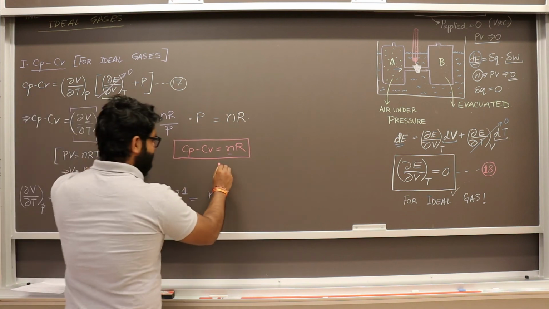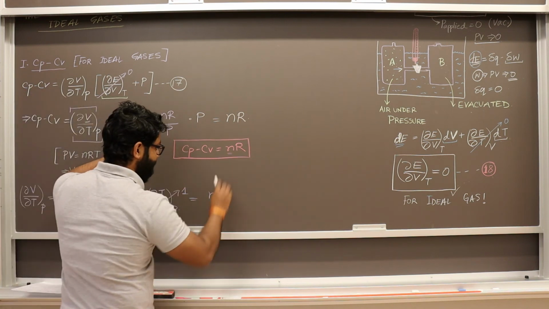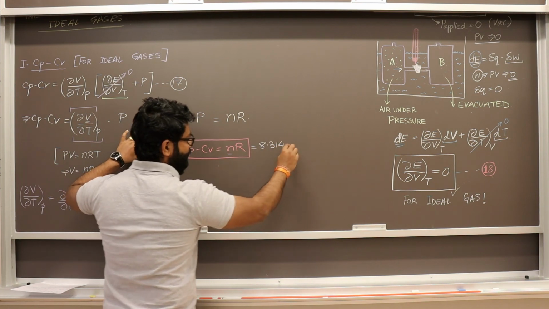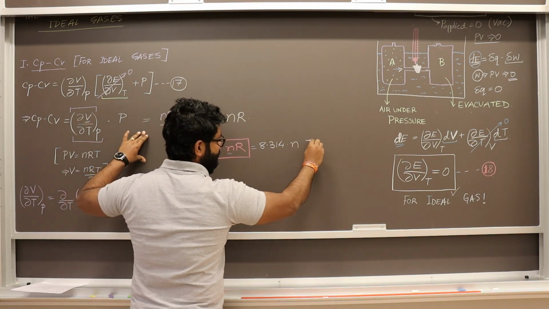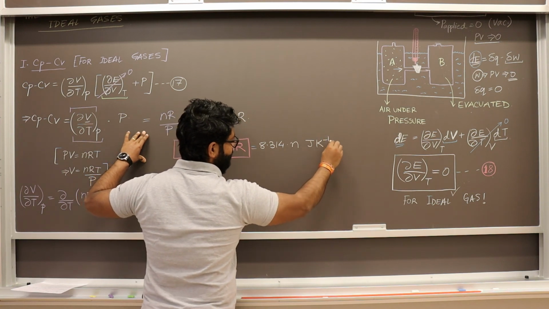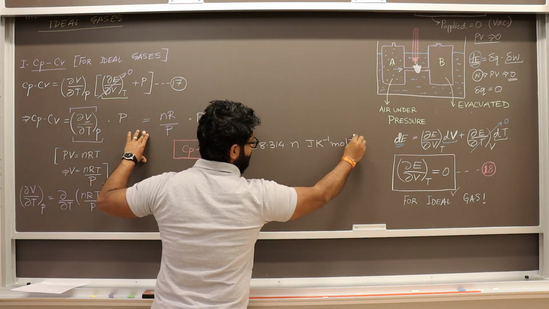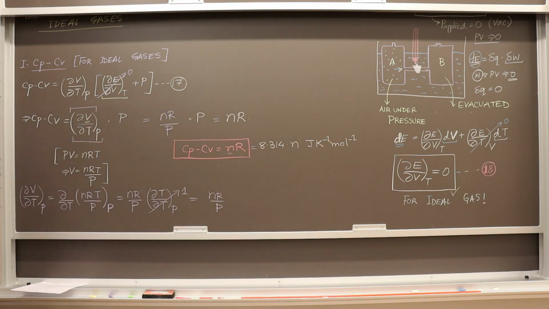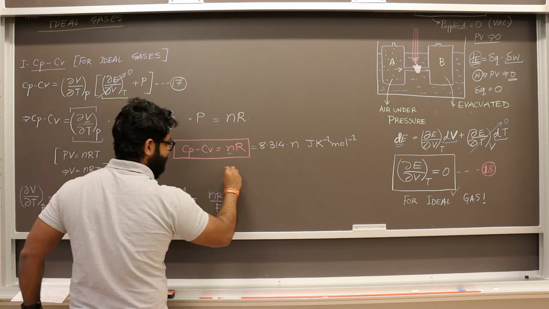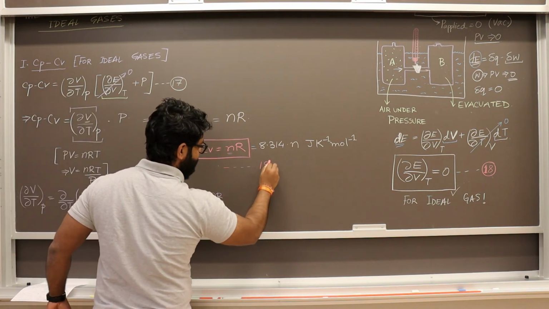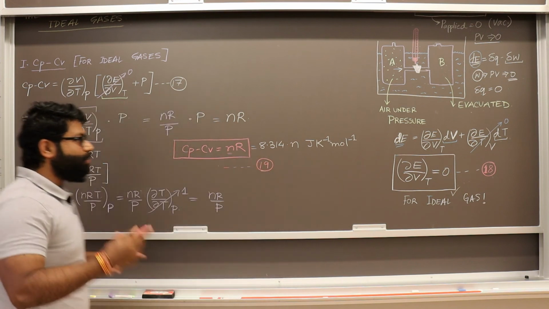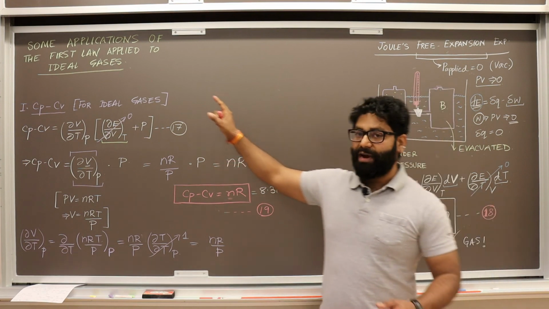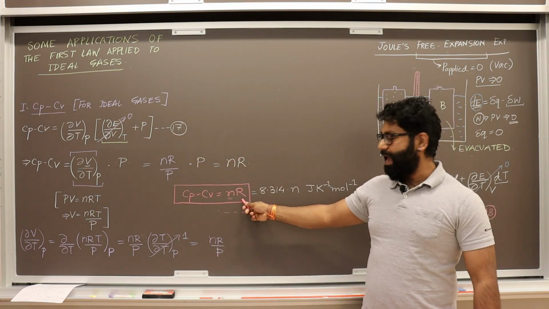So you can also write this as 8.314 times n Joule per Kelvin per mole. Okay? Now this becomes equation 19. So now we know how Cp minus Cv for an ideal gas is n times R.